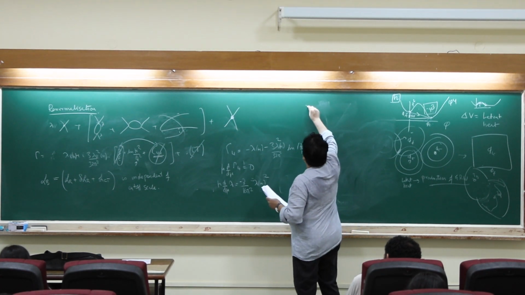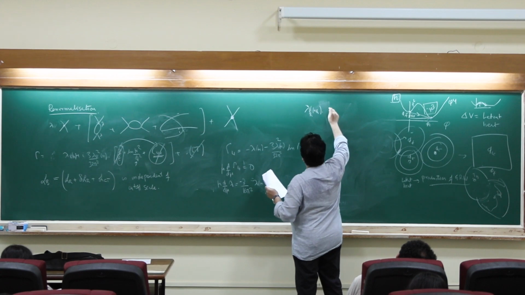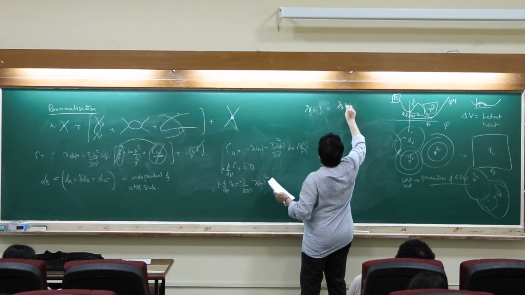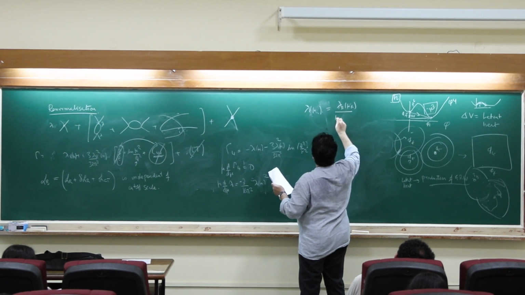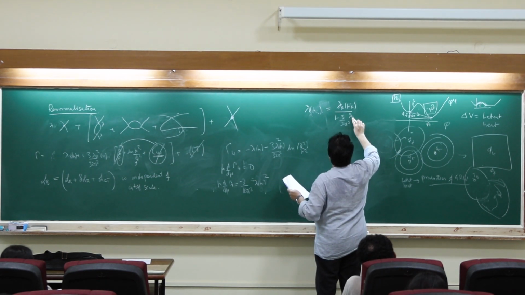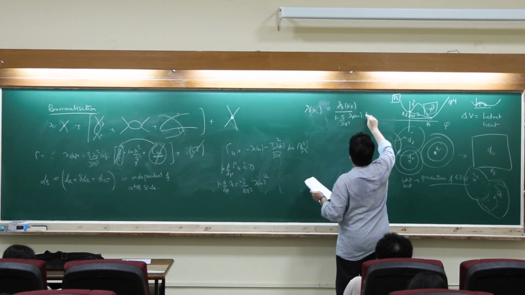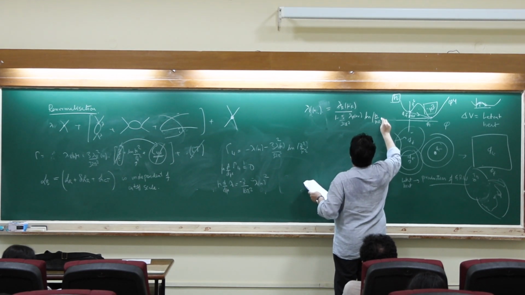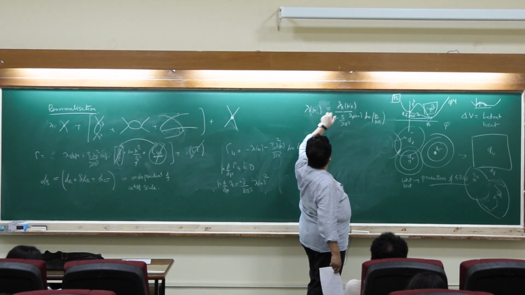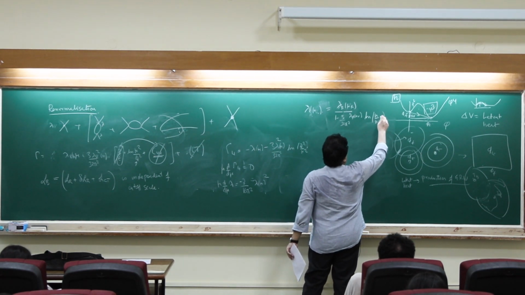So this gives you that lambda at any mu r, which is called lambda r, is related to lambda of the other mu by this relation. Okay, so here this is all mu.